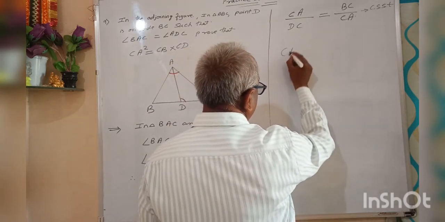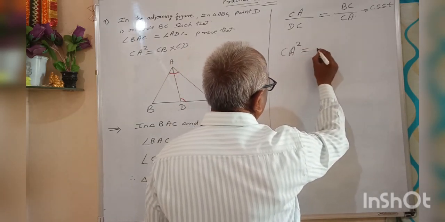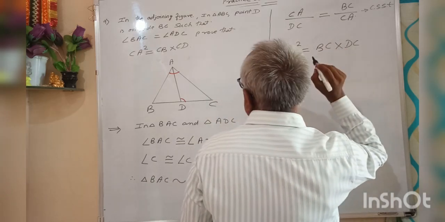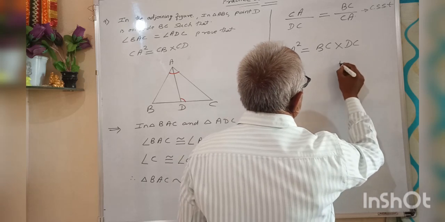Taking cross product, CA square is equal to BC into DC, which is true.